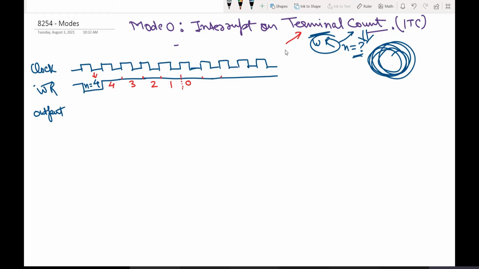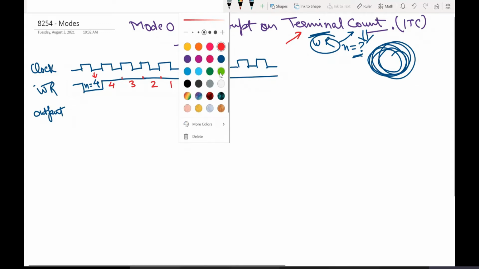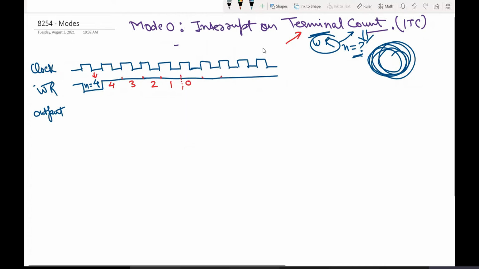In order to generate the output, we need to understand a few things. We need to take care of one thing. What is that one thing? What is the previous state of the output. We will be drawing it, but we will be continuing from the previous state. So we have to take care of the previous state of the output pulse. In order to remember that, it is very simple. Just remember by the mode. What is the mode we are having? We are having mode 0. So initially the output will also be 0.